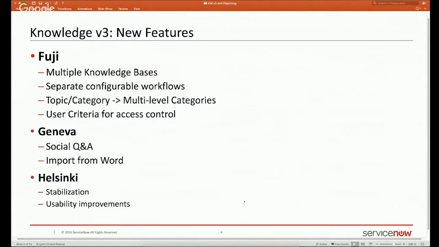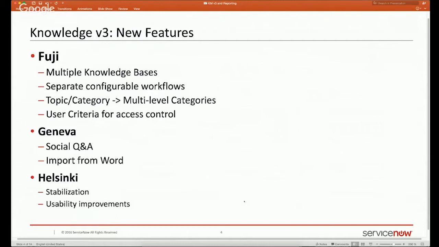Their audiences are going to be different. So having separate knowledge bases for them helps from a publishing standpoint. You can have your own configurable workflows for each of those knowledge bases. You can have your own category tree for those knowledge bases. And as I said, access control is also separate.